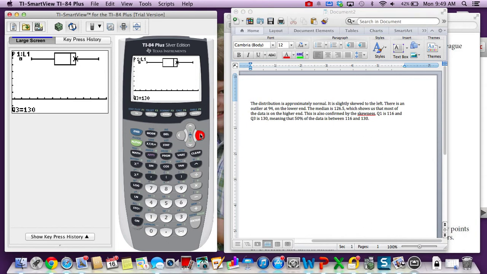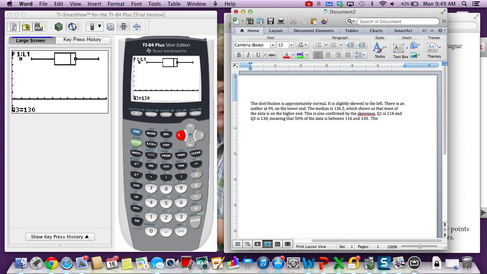Okay, you also have another 25% of the data between 130 and 145. The max is 145, which means that 25% of the teams, remember this is the total home runs for the teams, had total home runs between 130 and 145.